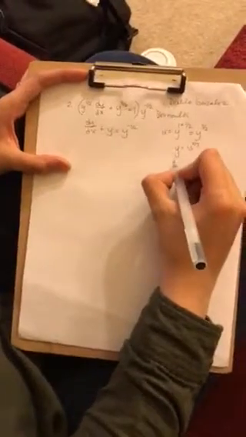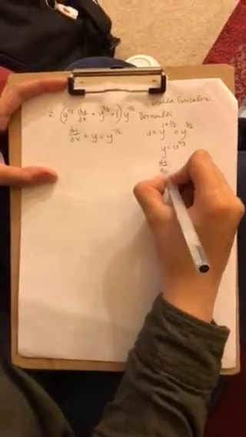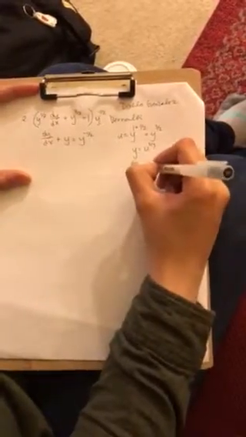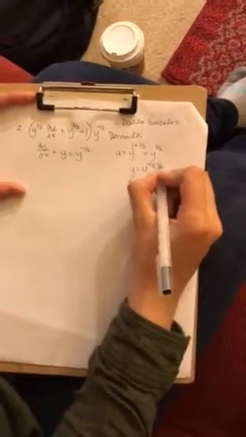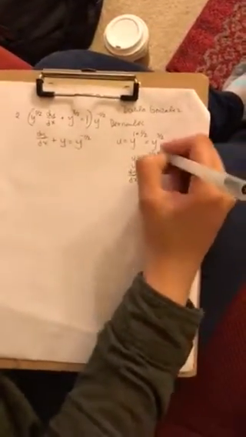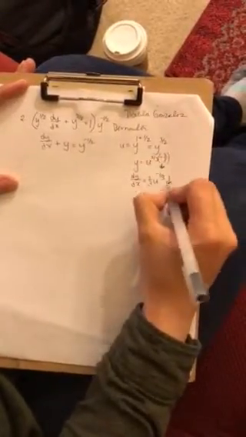From this, we can also derive that dy/dx is equal to 2/3 u, and then you subtract 3/3 to get negative 1/3, du/dx.